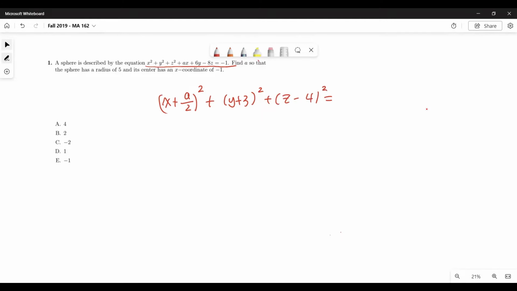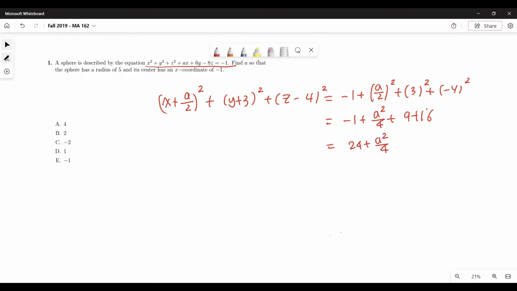And since we added the constant values on the left side, we have to add the same values to the right side, meaning -1 plus a over 2 squared plus 3 squared plus -4 squared. So this should equal -1 plus a squared over 4 plus 9 plus 16. This should equal 24 plus a squared over 4.